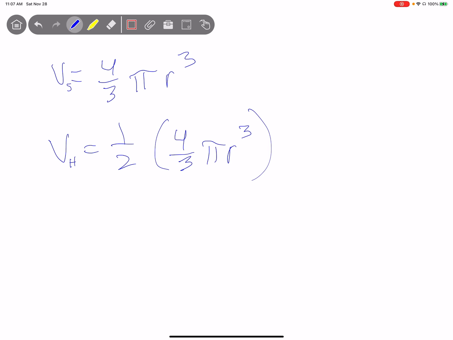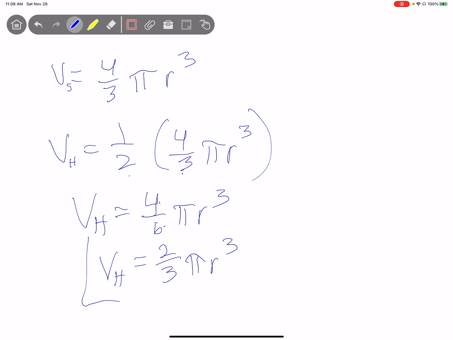So I multiply 1/2 by 4/3, and half of 4/3 is 4/6, and you could do it that way, that's fine. But we know 4/6 is the same thing as 2/3.